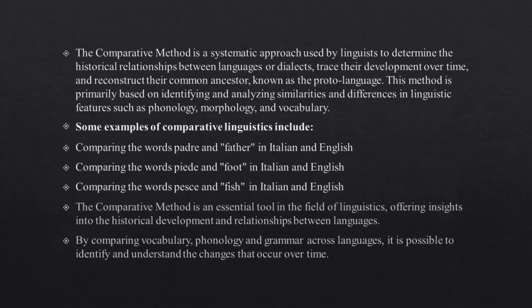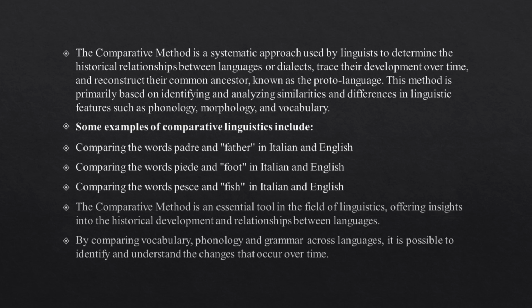The comparative method is a systematic approach used by linguists to determine the historical relationship between languages or dialects, trace their development over time, and reconstruct their common ancestor, known as the proto-language. This method is primarily based on identifying and analyzing similarities and differences in linguistic features such as phonology, morphology, and vocabulary.